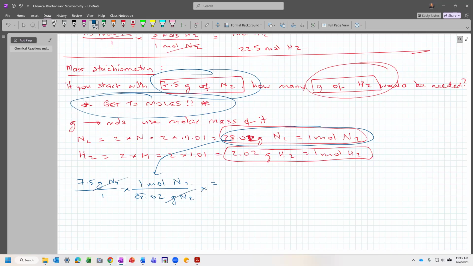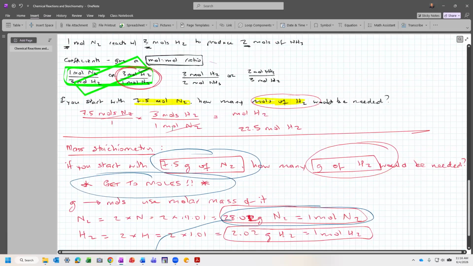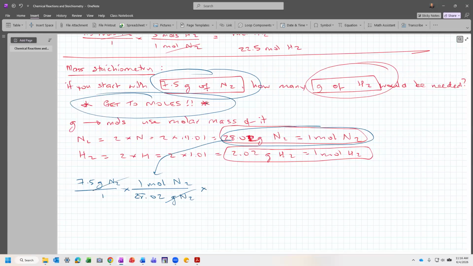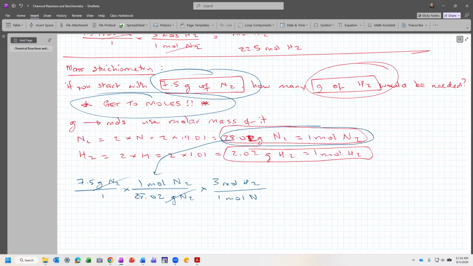Then I'm going to incorporate my other conversions. Right now I'm at moles of nitrogen. I want to get to moles of hydrogen. I'm going to use my mole to mole ratio that I've used above. So 3 moles of H2 for every 1 mole of N2, and this comes from the balanced equation. Moles of N2 goes away.